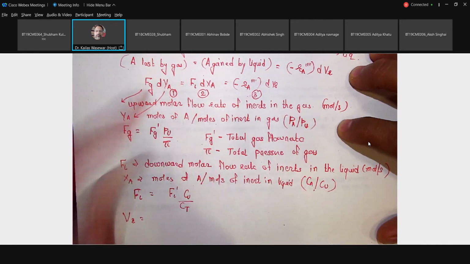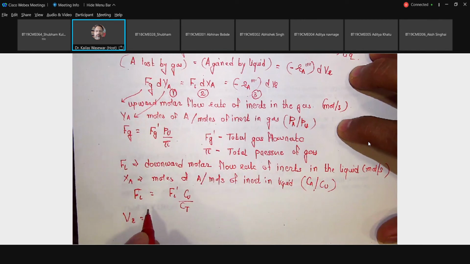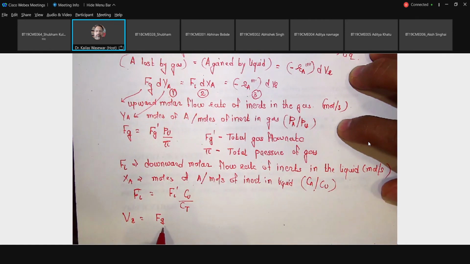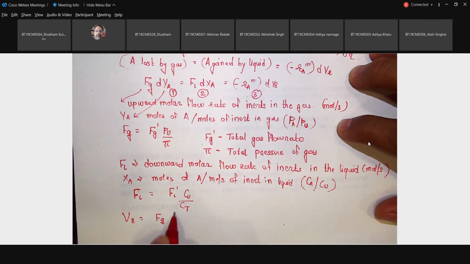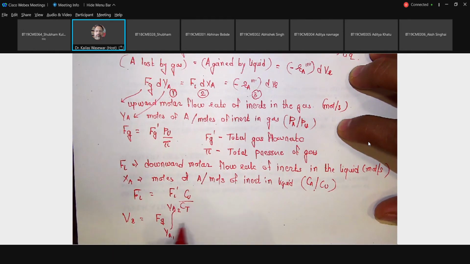Integration of inert flow rate will be constant. So Fg Ya1 to Ya2 dya upon minus Ra. Or if you take the a outside, it will be Ra double prime only.